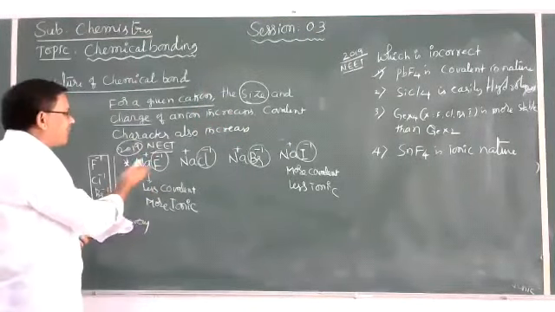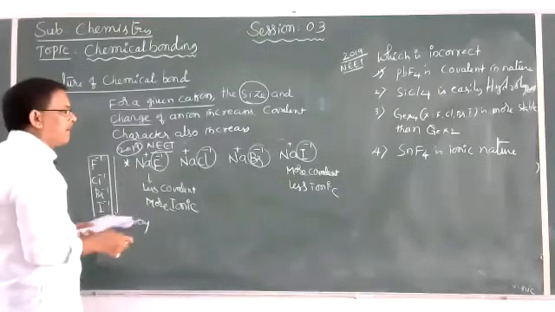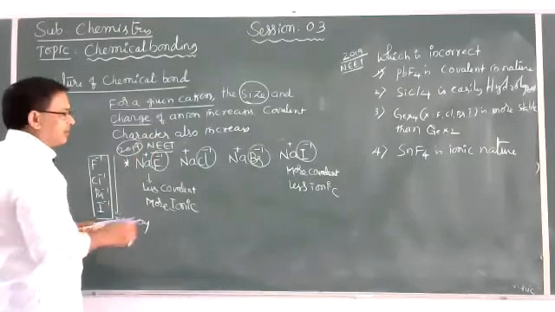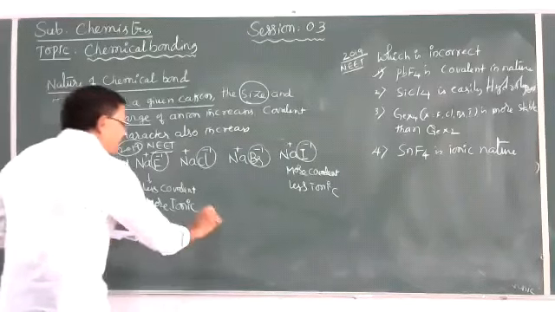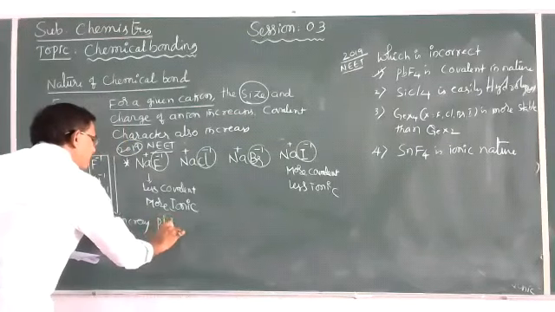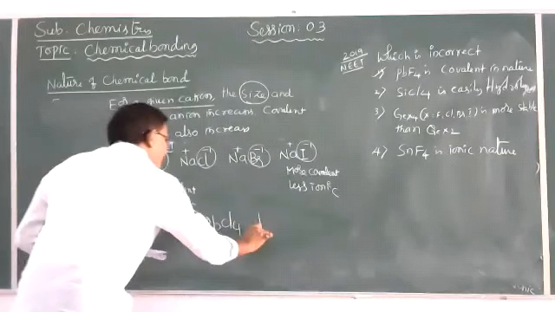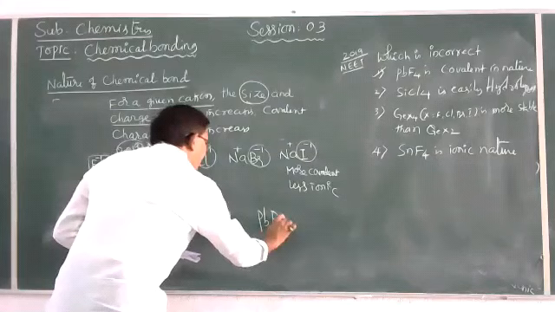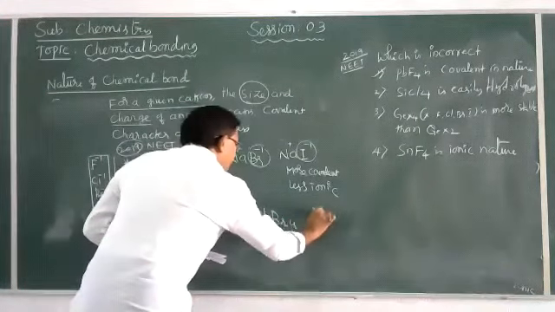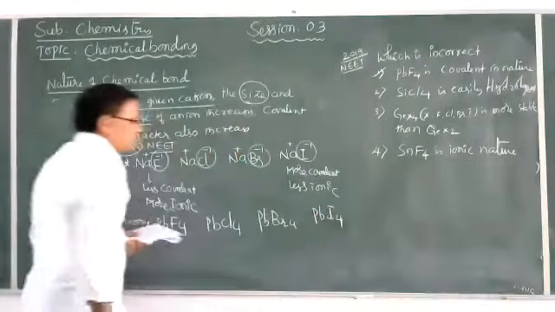For a given same cation, like NaF, I will take PbF4, PbCl4, PbBr4, and PbI4.